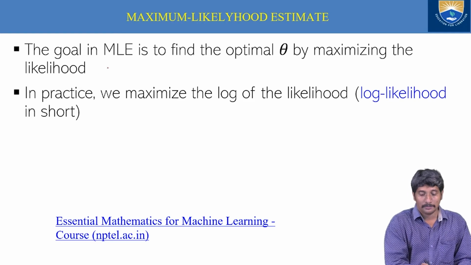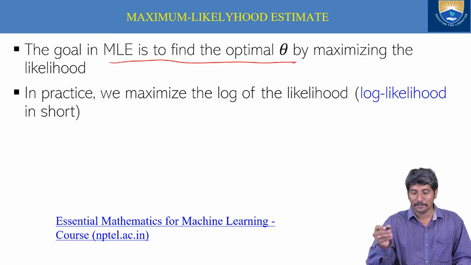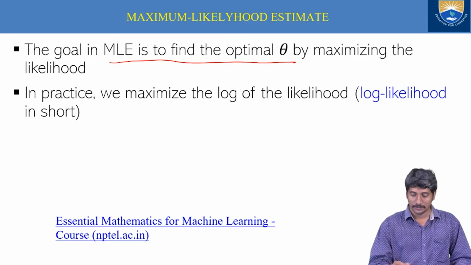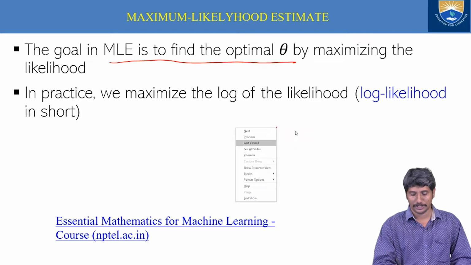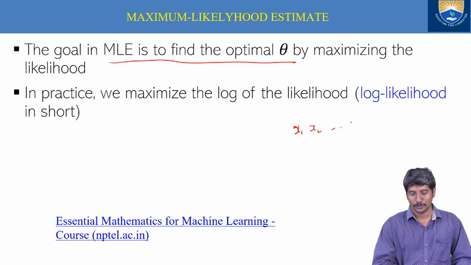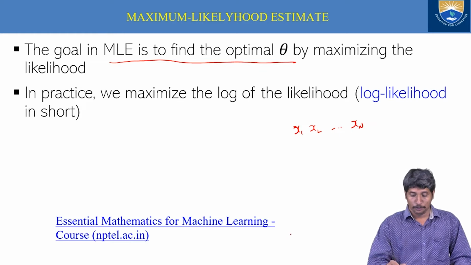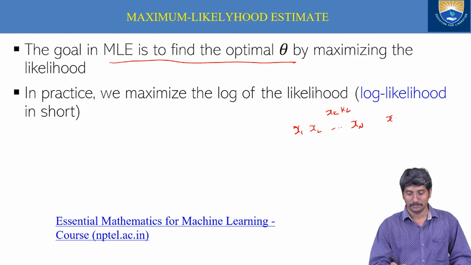The goal in maximum likelihood estimation is to find the optimal theta by maximizing the likelihood. That is, when you have a huge data set with columns x1, x2, and so on up to xn, and there are some features missing, like some xk is missing and xl is missing between 1 to n columns.